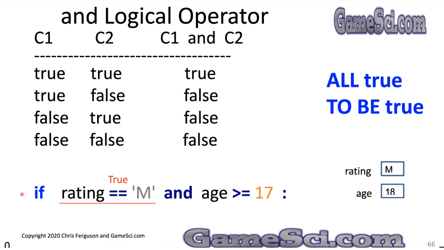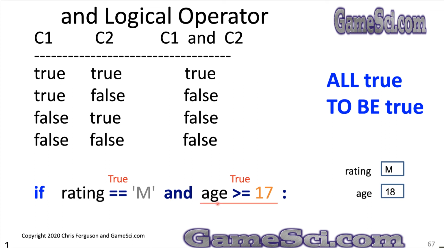So let's look at a simple, tiny little piece of code. If rating equals M and age greater than or equal to 17. What I'm doing here is using this AND logical operator to combine these two together to produce one true-false answer. We'll start with the rating variable containing an M and the age variable containing an 18. So rating equal M is a true statement.